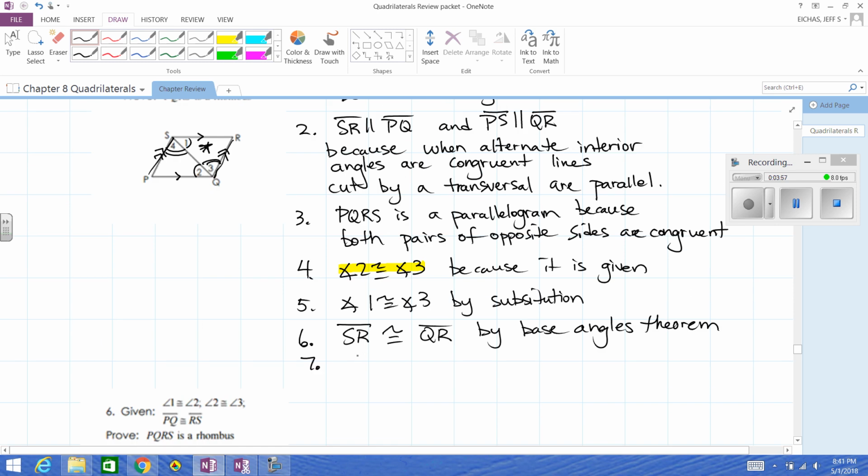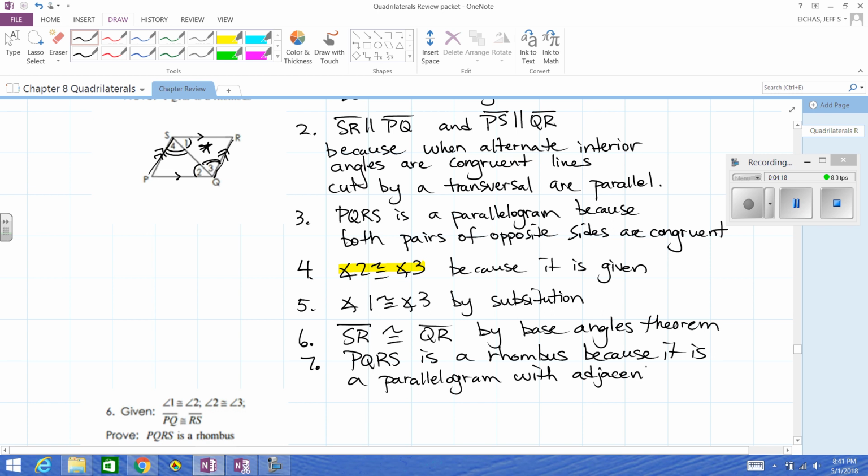Okay, now PQRS upgrades to a rhombus because it is a parallelogram with adjacent sides congruent. All right.